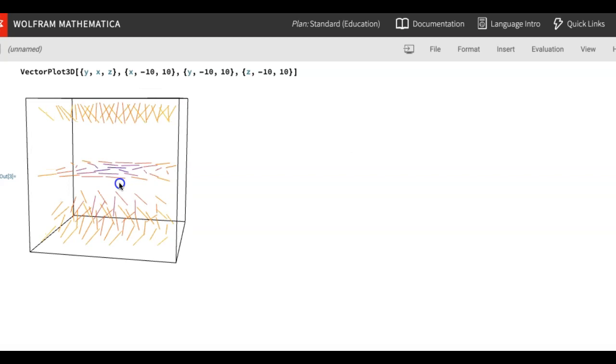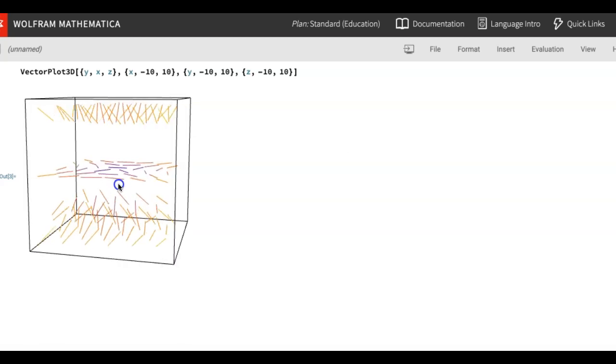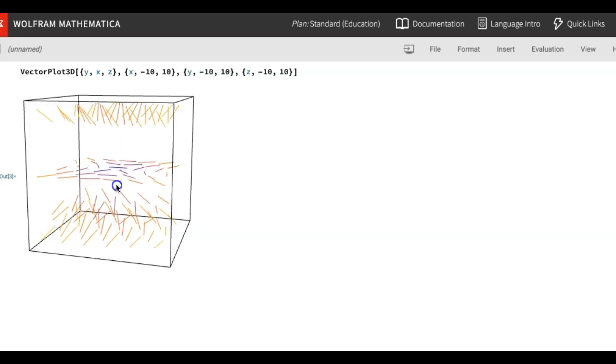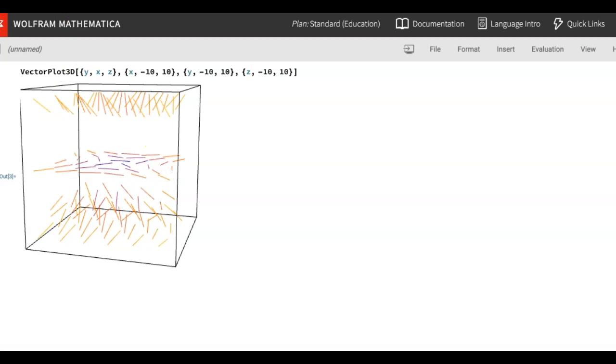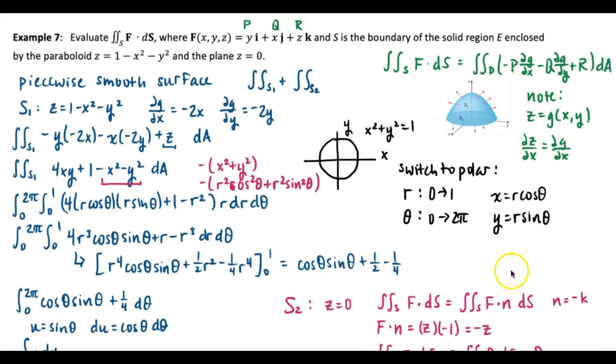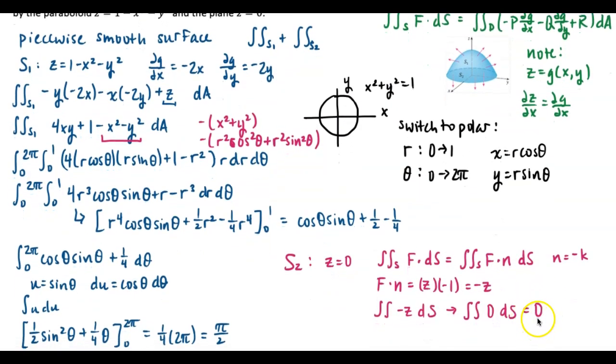And so at z equals 0, if we think about this in terms of the water flowing through a net, if my net lies along the xy plane and the water is flowing parallel to the xy plane, that water's never going to flow through the net. And that's why that surface integral is just going to be 0 for that portion.